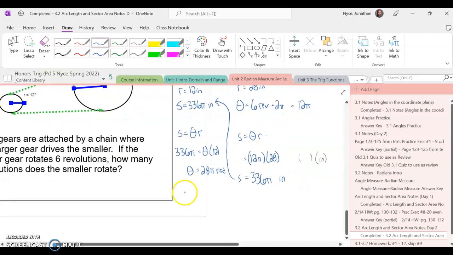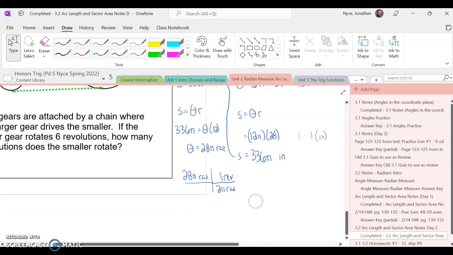If you want to change from radians to revolutions, we're simply going to divide by 2 pi. You can think of it like this if you want to, where we know 2 pi radians is 1 revolution. It essentially works out to dividing by 2 pi, and that's going to give you 14 revolutions.